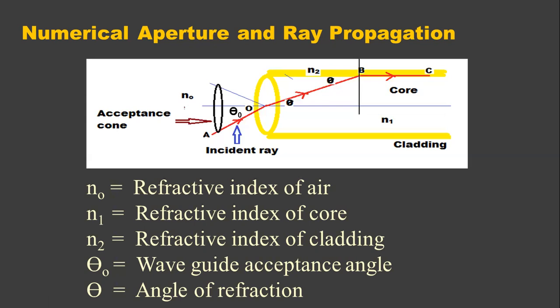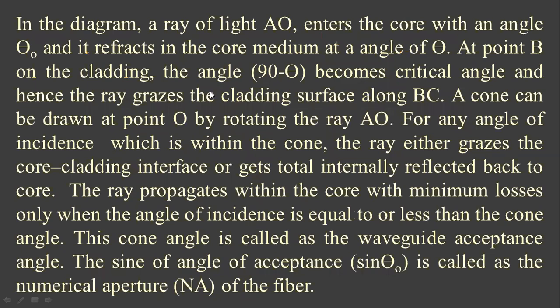At point B on the cladding, the angle 90 minus theta becomes the critical angle, and hence the ray grazes the cladding surface along BC.